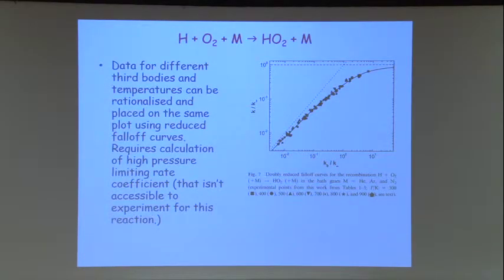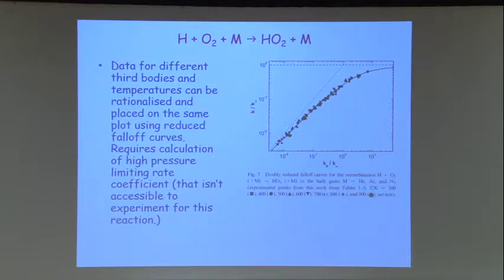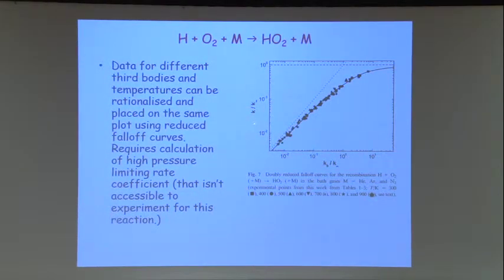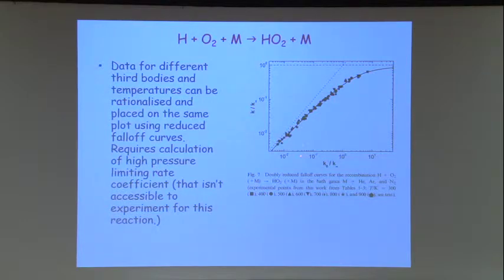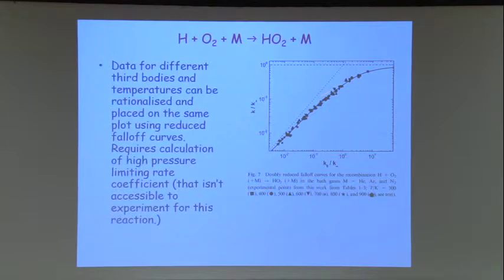Now, one of the things that they can do is normalize the rate constants to the low pressure limit relative to K infinity. So if they take K0, and there should actually be an M in there, that's K0 M divided by K infinity, and this is K over K infinity. If they normalize them in this way, then all the curves, different temperatures, different pressures, different third bodies, all lie along the same reduced curve.